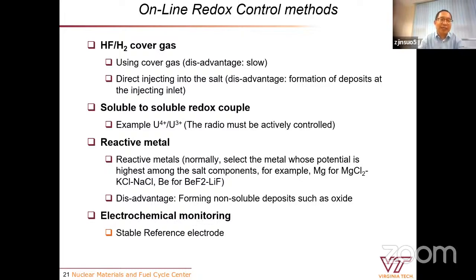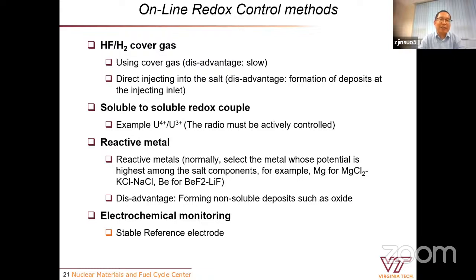There are several ways that you can control your redox potential online to control your corrosion. One is to use gas, the HF and H2 cover gas. If you control the ratio of HF and H2, you can control the redox potential of your salt. So then you can reduce your corrosion by this.